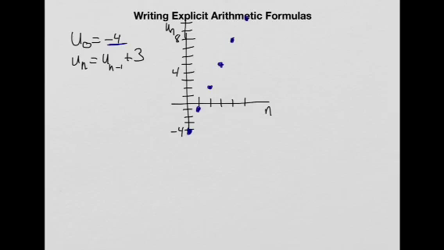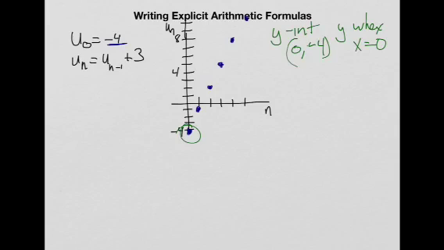Remembering what we did in Algebra 1 with a line, to write the equation of a line, we need to know the y-intercept, or the y value when x equals 0. And this is right there at negative 4. So my y-intercept is the point (0, negative 4).